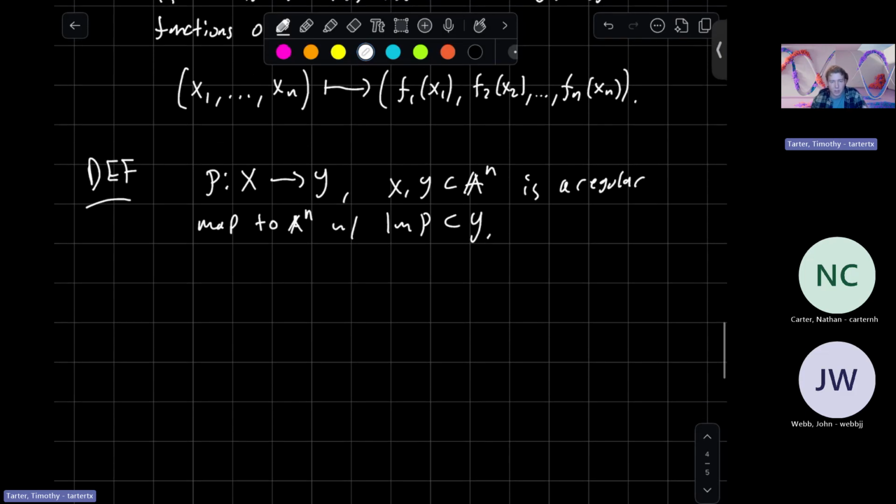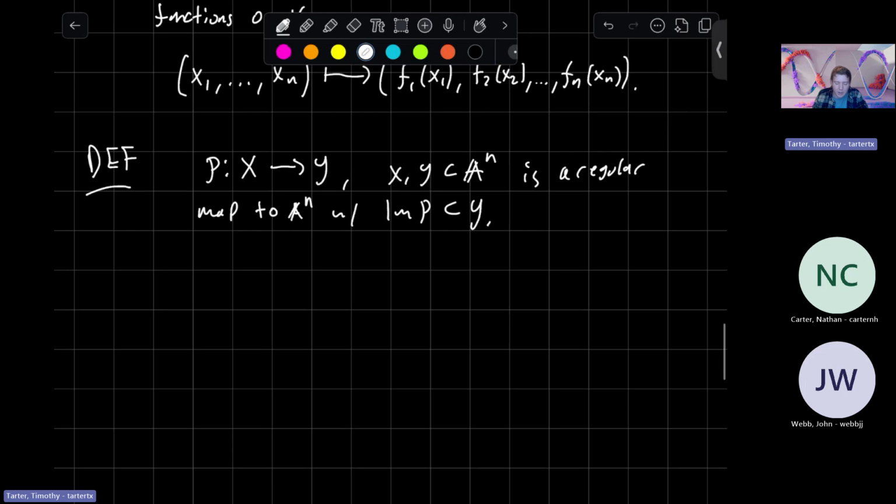And as always, we really want to know, well, what does an injection, a surjection, a bijection, and an isomorphism look like?